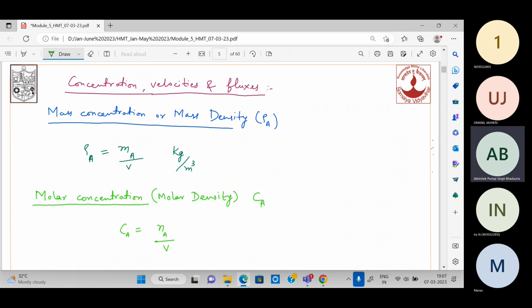Now what is the unit? Unit is kg mole per meter cube. That is the unit of this molar concentration.